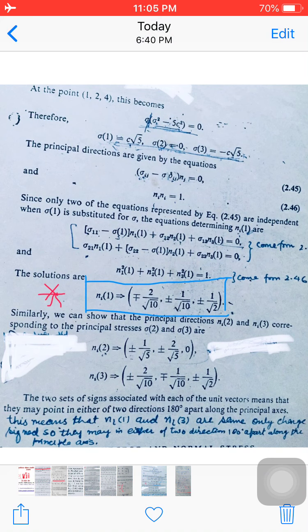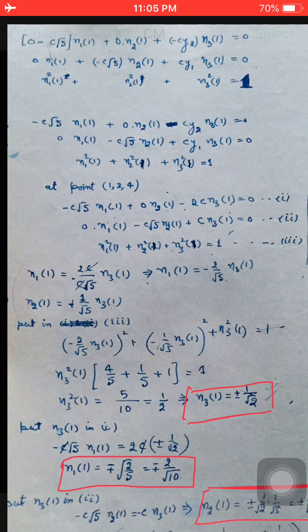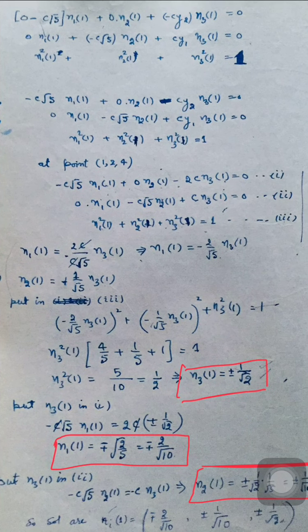Now how ni1 is obtained from these four equations is shown in the next slide. This one. This is an algebraic method. What we are doing is putting the value of all terms here at the given point 1 to 4, and we get these equations after subtracting or many algebraic methods used here.